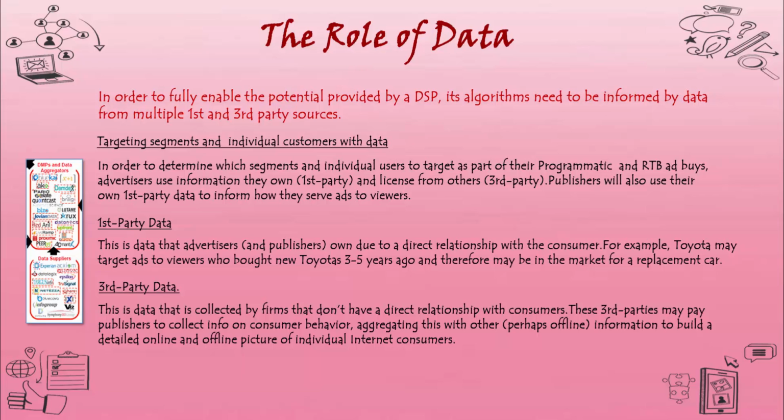So an advertiser is helped with aggregation of data from first party, which is its own data, and third party data, which is from an external agency, by the demand side platform to enable it to target the right audience. So I repeat this sentence again.